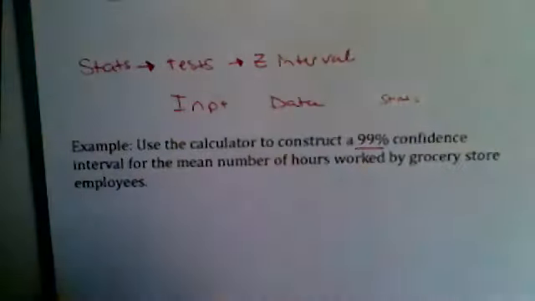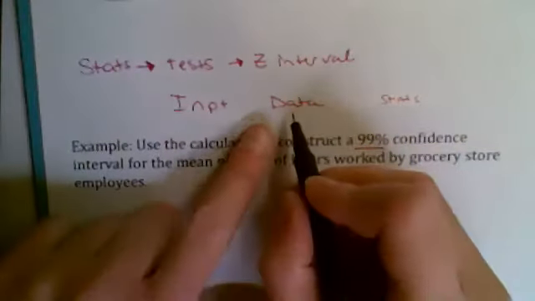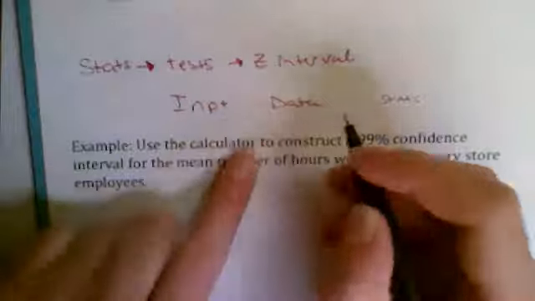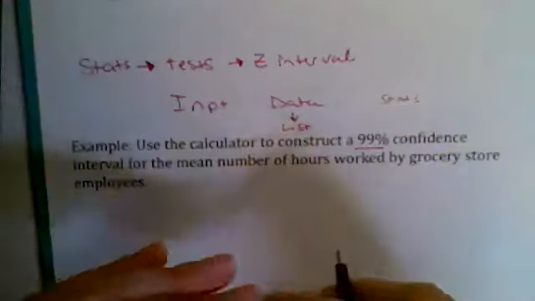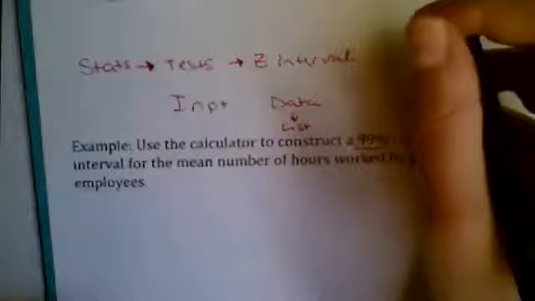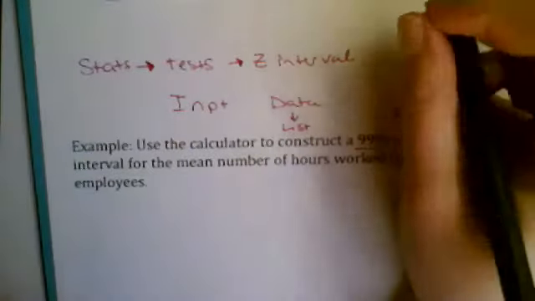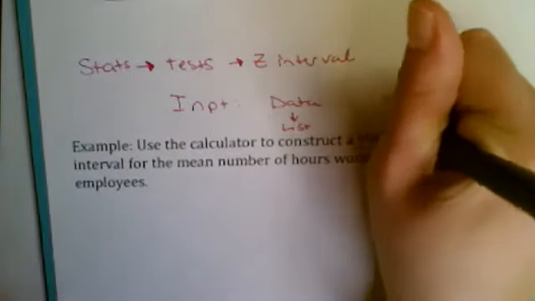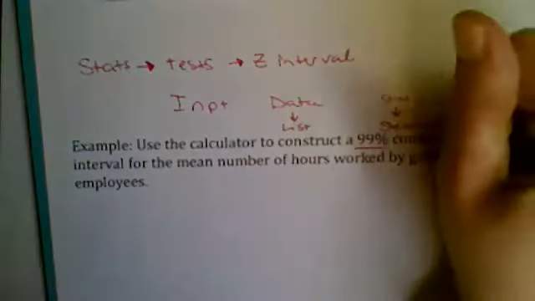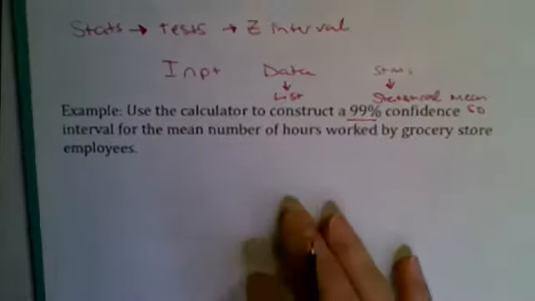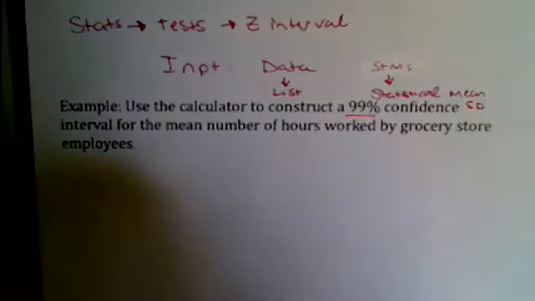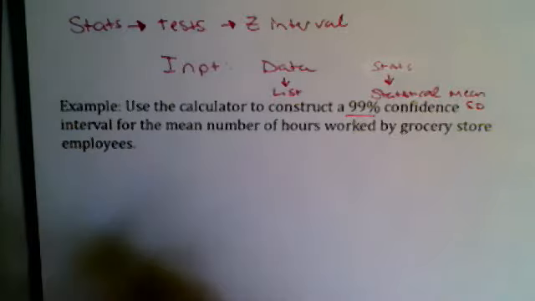Obviously I can't talk and write at the same time. Data, you're going to use this when you have a list, like when you type it in to find the standard deviation. Stats is when you already have that information. You have all the statistical pieces, like the mean, the standard deviation, etc. So we're going to use stats because we already know this information.